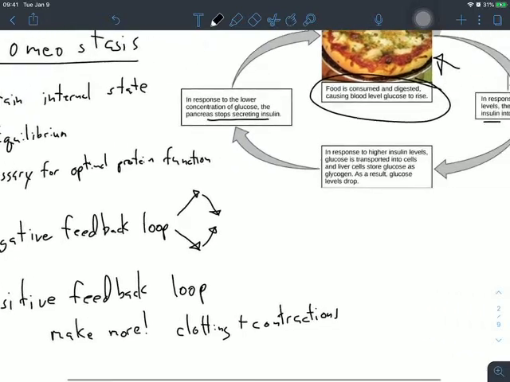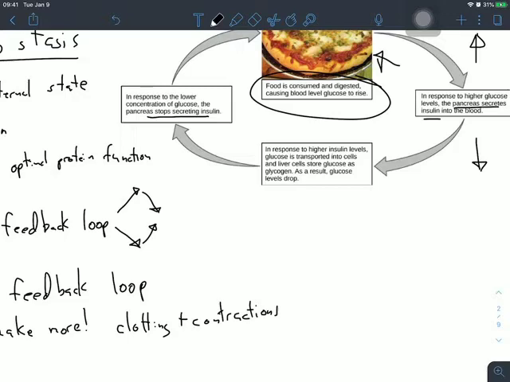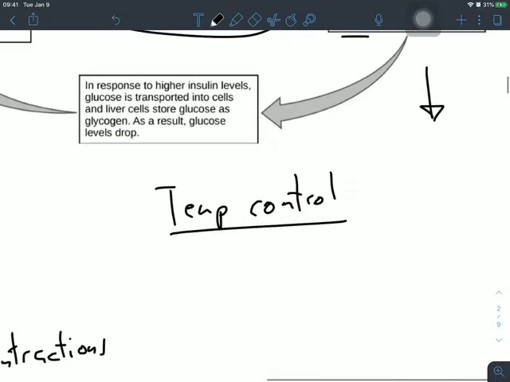Now, in terms of endothermic organism temperature control, there are a couple of different ways in which animals that are endothermic or warm-blooded have a way of controlling their internal body temperature.